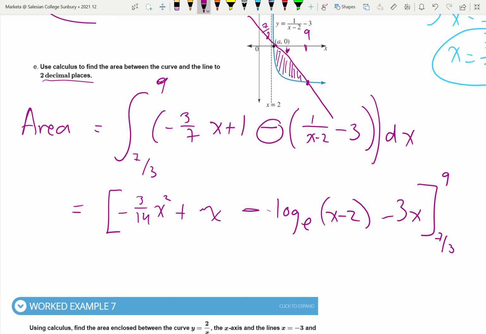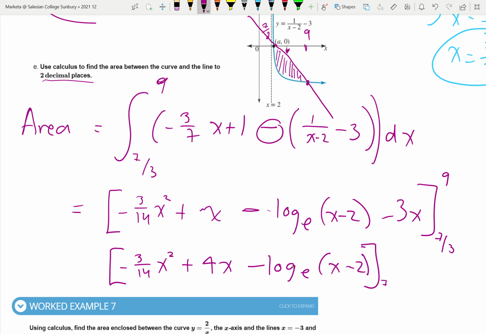And then, well, let's just neaten that up. So negative 3 on 14 x squared plus x minus 3x, so it's plus 3x, that's going to be plus 4x minus log e of x minus 2, from 7 on 3 to 9.